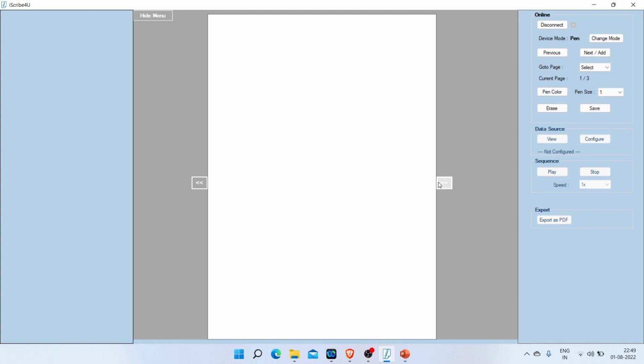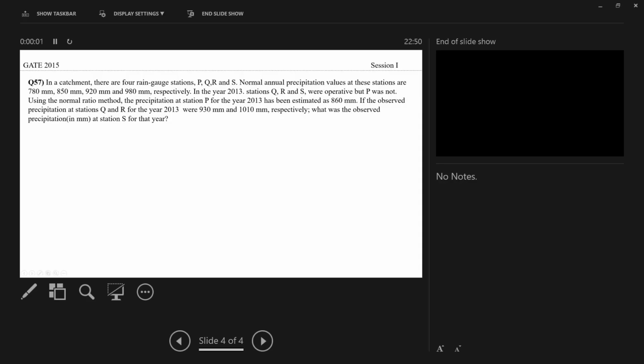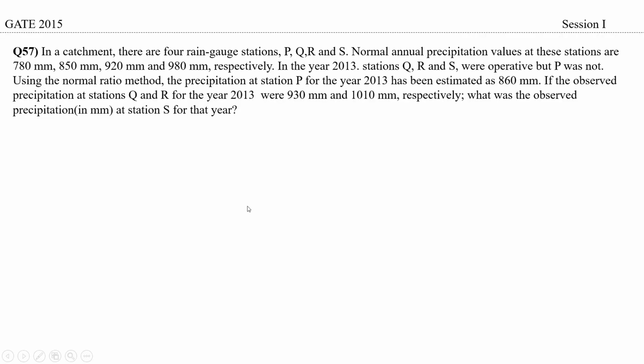Now let's see the problem. To give more picture on the topic, let's solve one question. This question is taken from GATE 2015 session 1, question number 57.